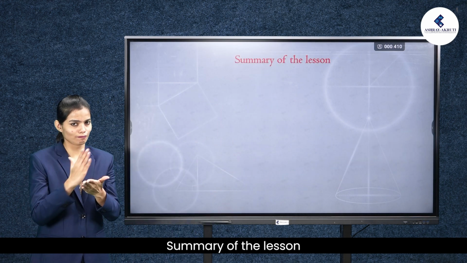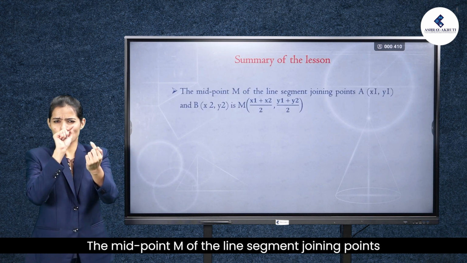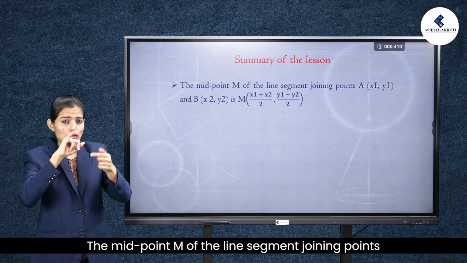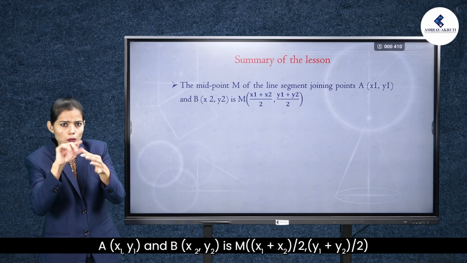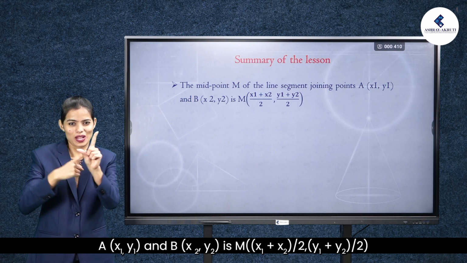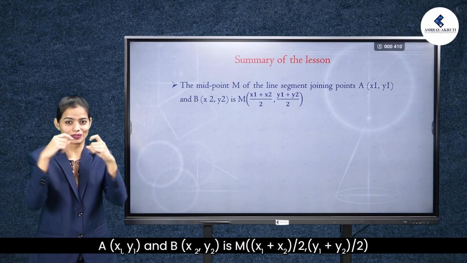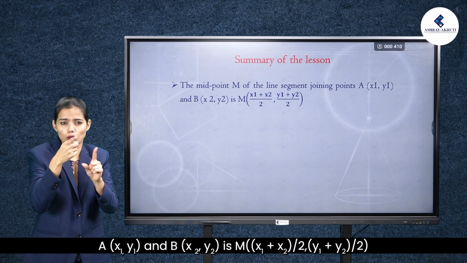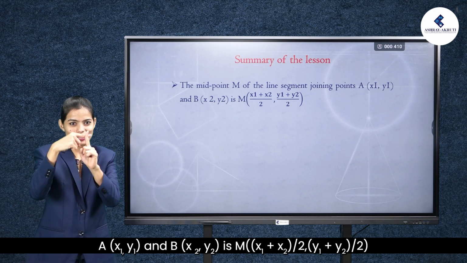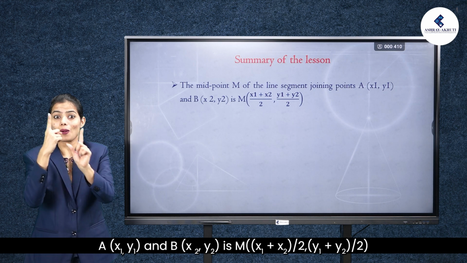Summary of the lesson. The midpoint M of the line segment joining points A (x1, y1) and B (x2, y2) is M ((x1 plus x2) by 2, (y1 plus y2) by 2).